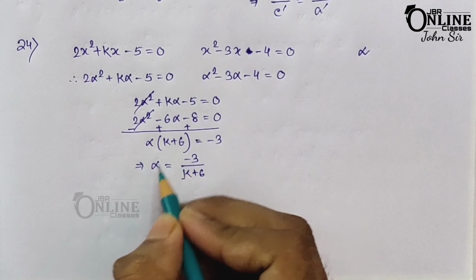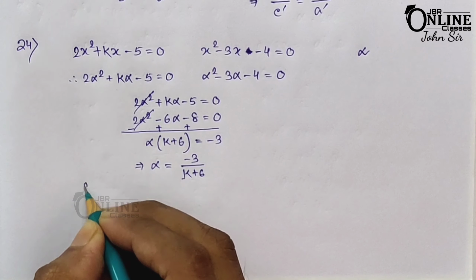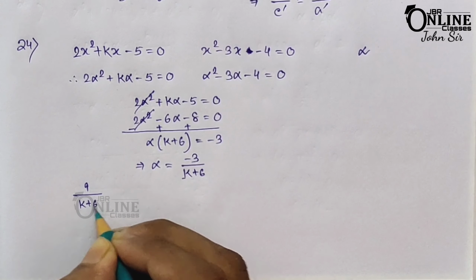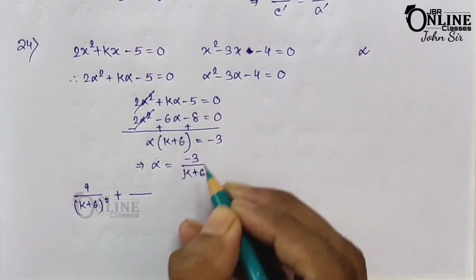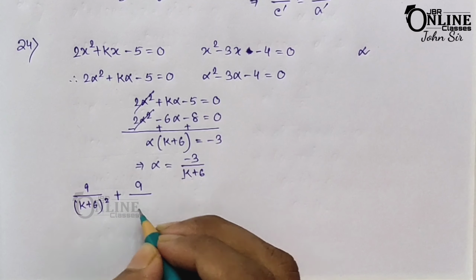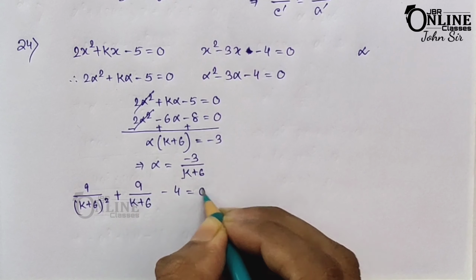So here if you put the value of alpha in the second equation, it will be 9 by (k plus 6) whole square, then minus minus plus, so it will be 3 into 3, so 9 again by k plus 6, and minus 4, equal to 0.